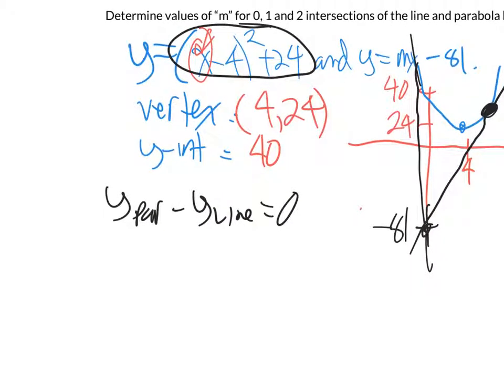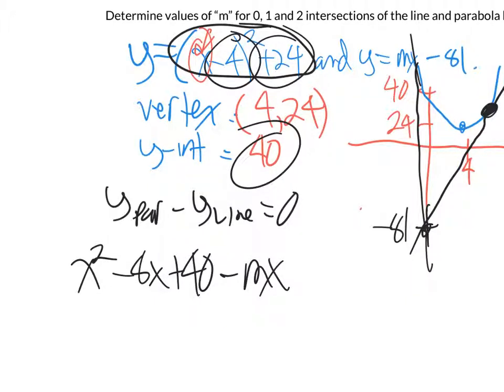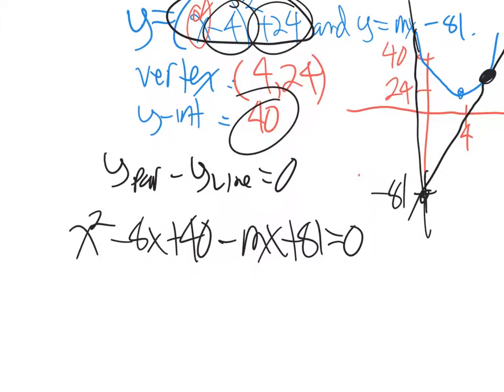For the parabola, it's going to be x squared, and then 2 times negative 4 times x, minus 8x. Then I have to square the negative 4, that's 16. Add to the 24, I've got 40, which I already had for my y-intercept. Now I have to subtract off that line, so minus mx, and then the negative 81, I subtract negative 81, which is plus 81, and that equals 0.